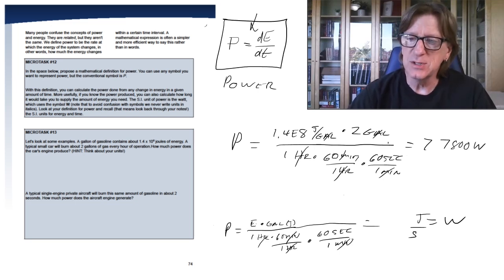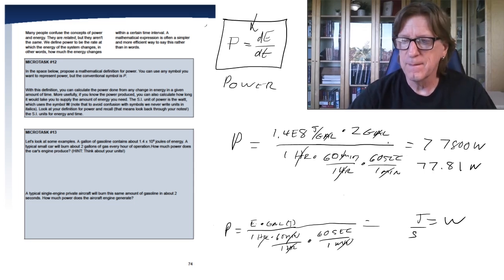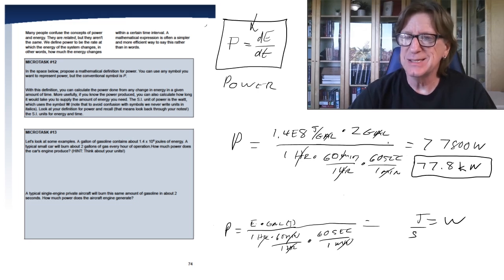And if I want to write that in engineering notation, that would be 77.8 kilowatts. I usually write k with a lowercase letter, so let's do that. So 77.8 kilowatts. That's how much power a typical small car is going to produce.